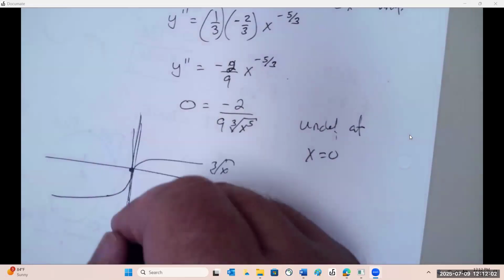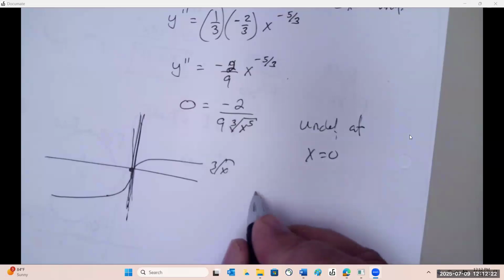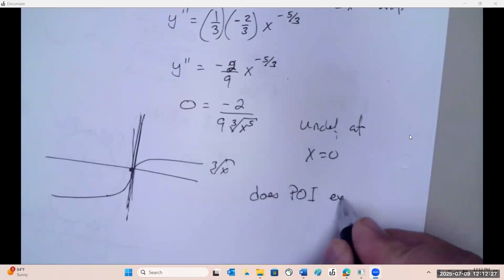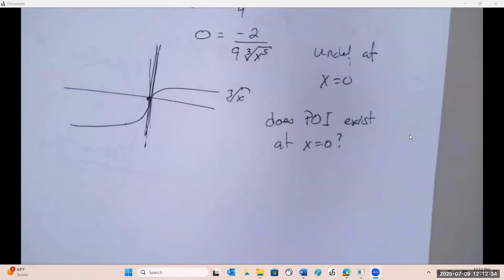Well, this tells us that we have a vertical line at 0. Does it have a point of inflection? At the origin, I should say.